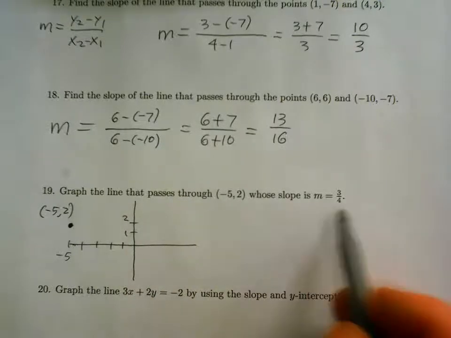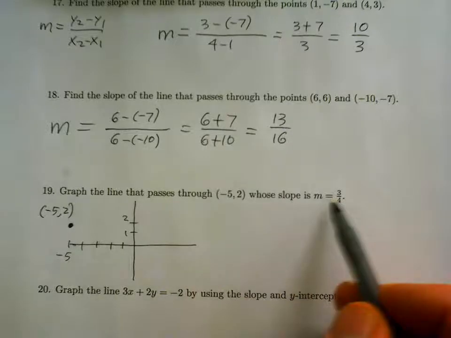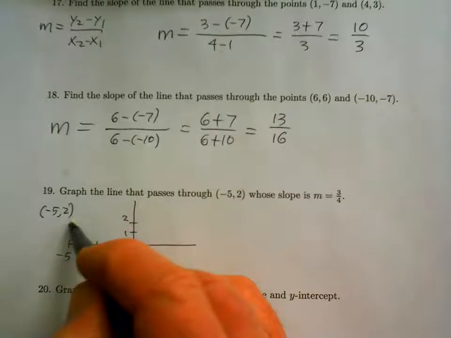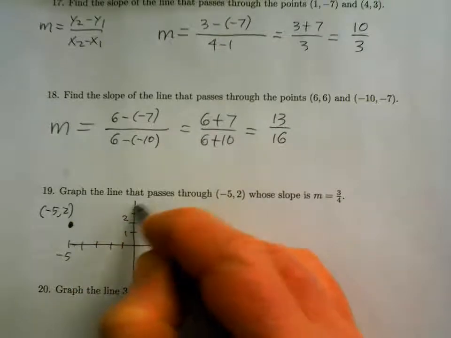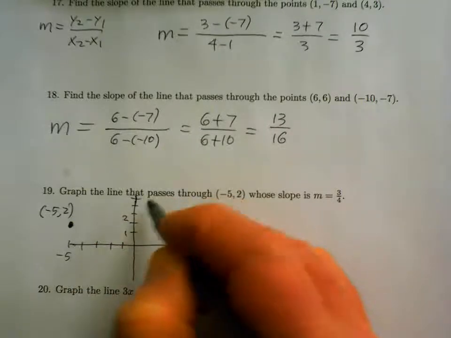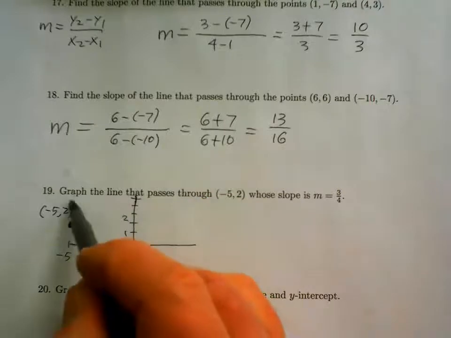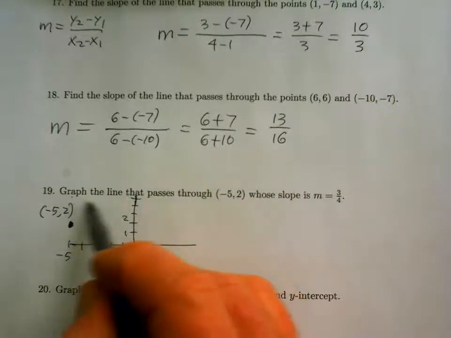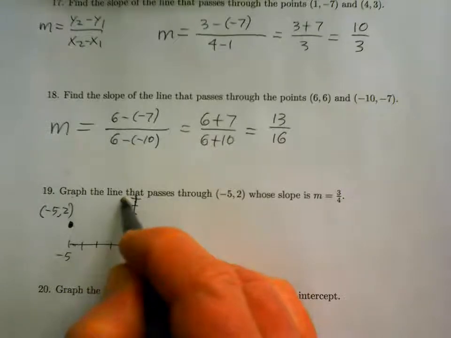Okay, so rise over run. The rise is positive 3. So from this point, we can move up 3 units. And then from there, move to the right 4 units. So we're at this point.